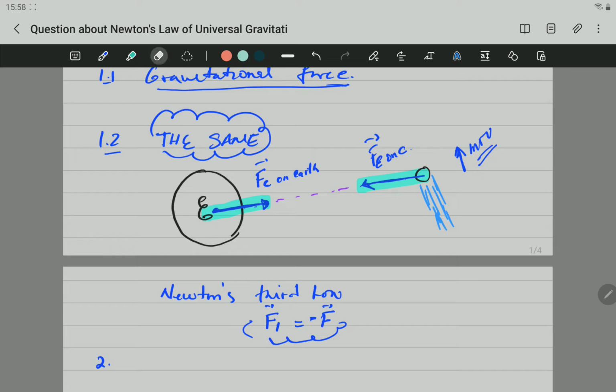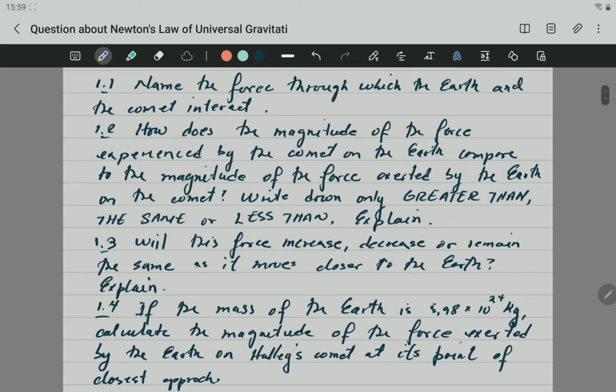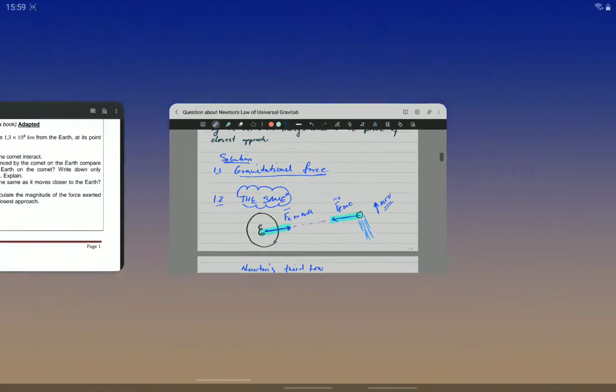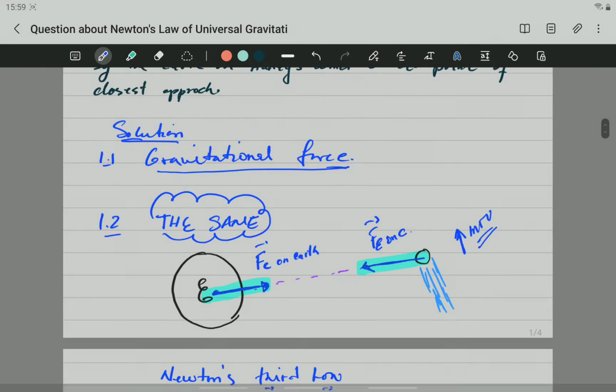Question 1.3 is quite easy, it's not a big problem. They say, will this force increase, decrease, or remain the same as the comet moves closer to the Earth?